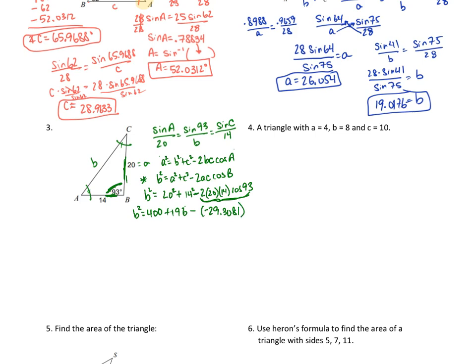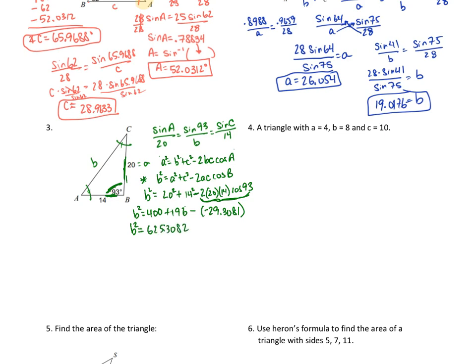At this point, I can clean this up a little bit. I'll get 400 plus 196 plus, because negative, 29.3081 gives me 625.3081.